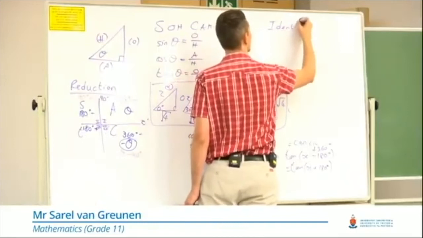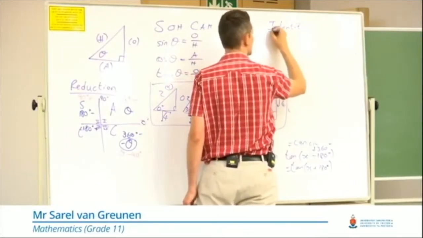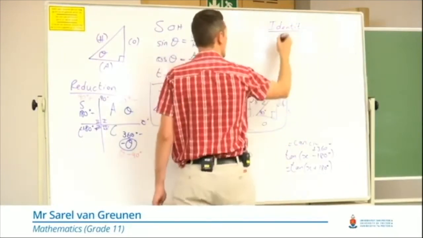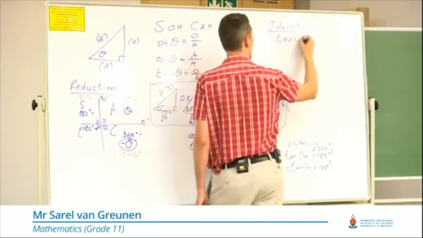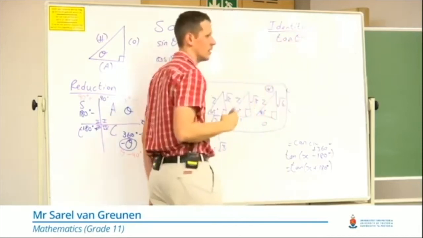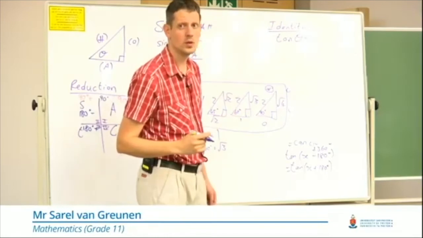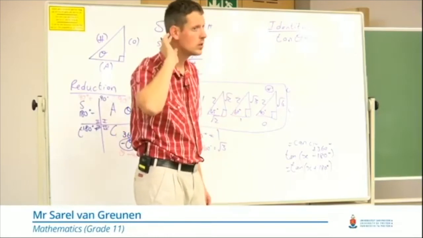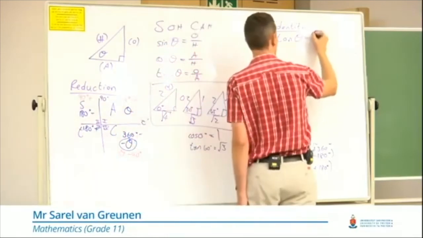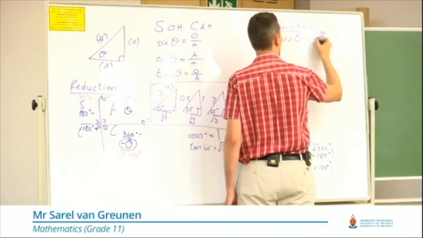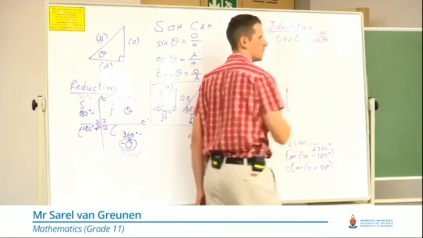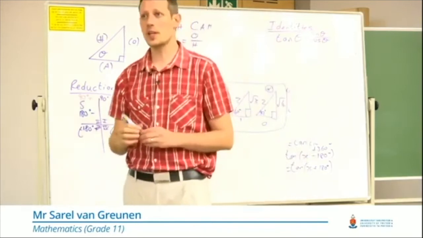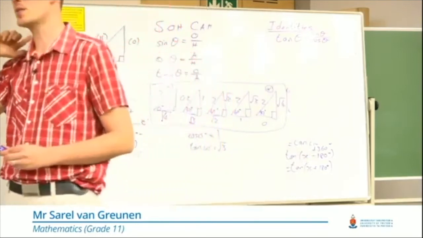Your 2 special identities. The first one was that tan of theta is equal to sine of theta over cos of theta. Can someone quickly tell me, when do I use this?